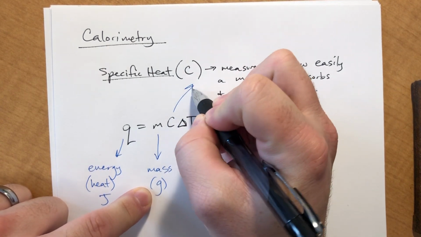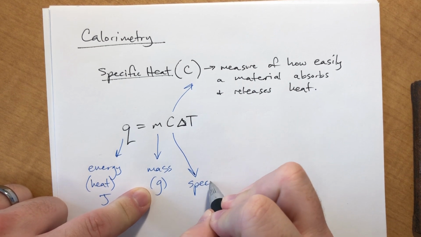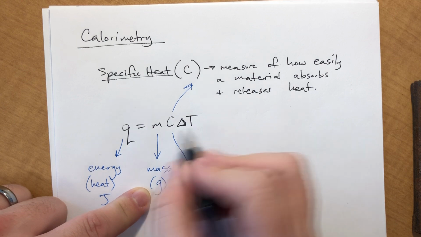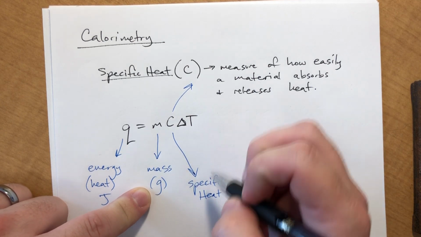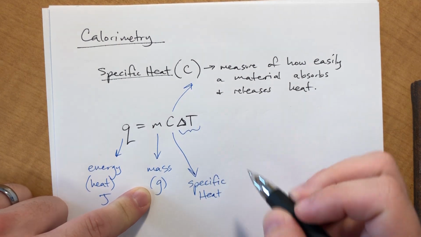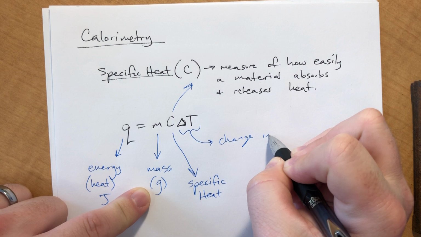C is literally the thing we just defined. Its units are a little weird, so I'll label it down here again just in case. It's a constant, and its main job is to cancel out everything else. Delta T together is one thing, and it stands for change in temperature.